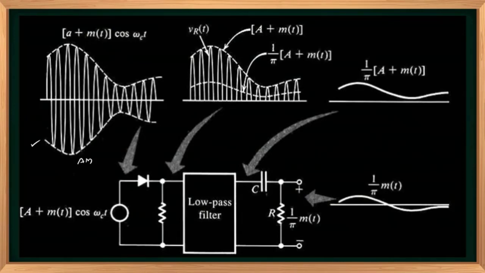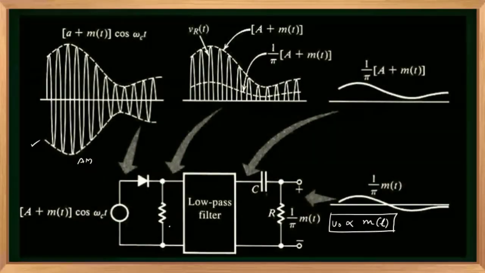So here we have a low pass filter and a capacitor filter also. Here 1 by pi is a scaling factor occurring in this expression. So the output V0 will be proportional to m(t).